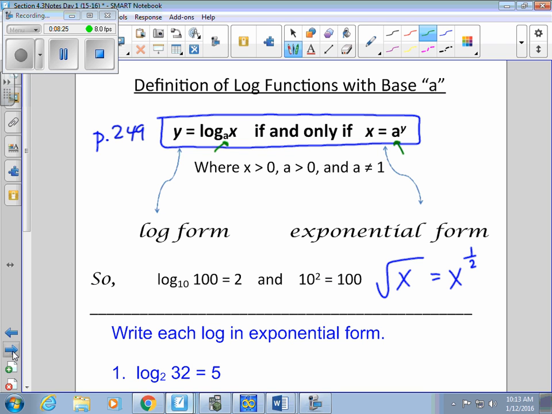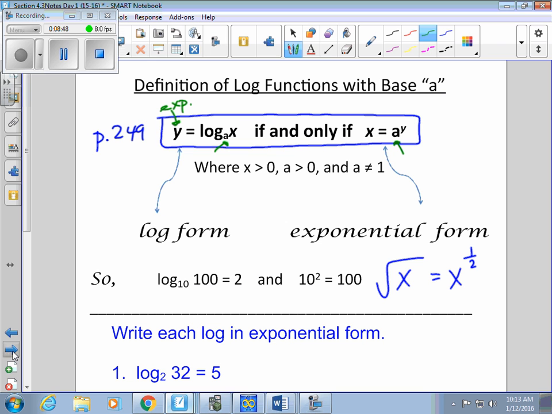So you're going to keep those bases in the same spot. What we take the log of, that x goes on the other side of our equation. Our y value becomes our exponent as we're rewriting things.